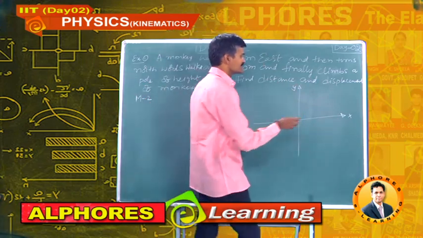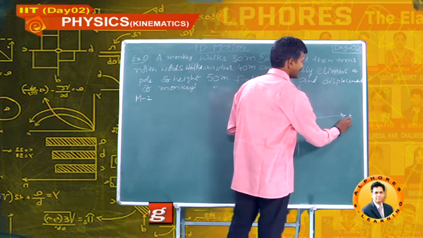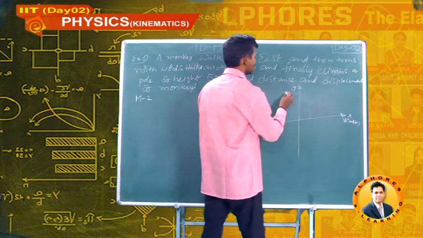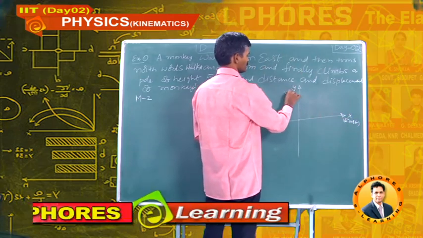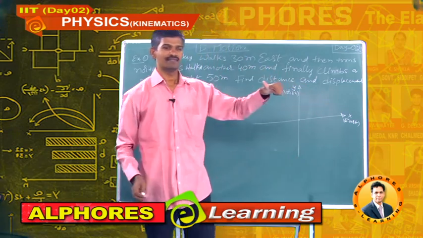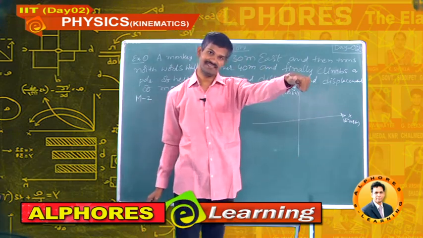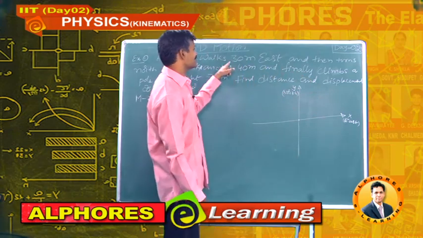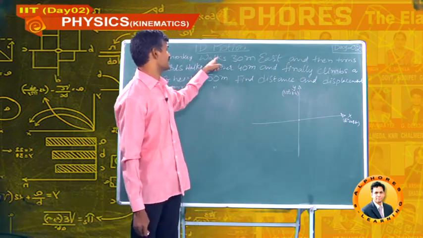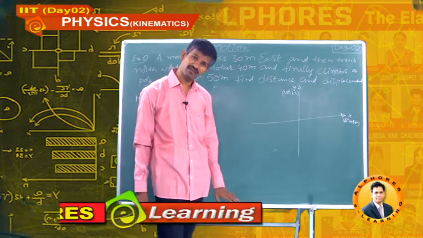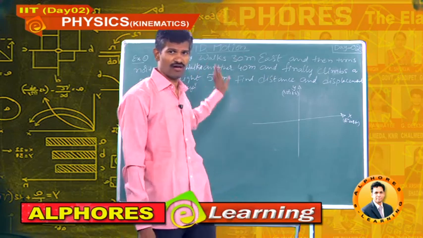I am considering this x axis as east and this y axis as north and vertically upward direction as z axis. Now represent each movement of the monkey as a vector.